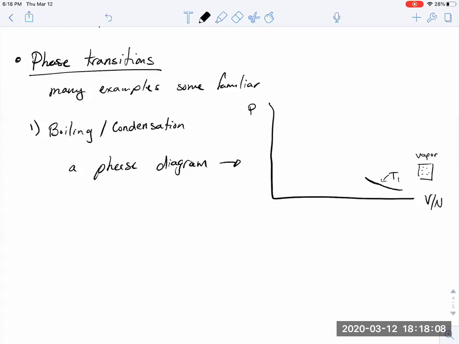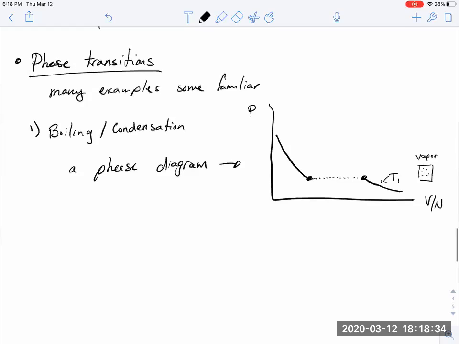And what I know from common experience is that as I change that volume, there will be a point at which the vapor abruptly changes to a material which looks qualitatively different. And indeed, the pressure increases much faster as I continue to decrease the volume.